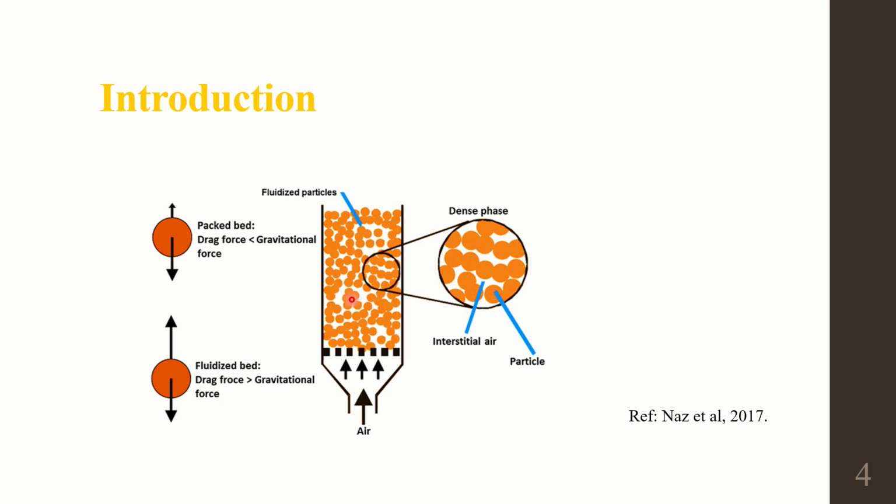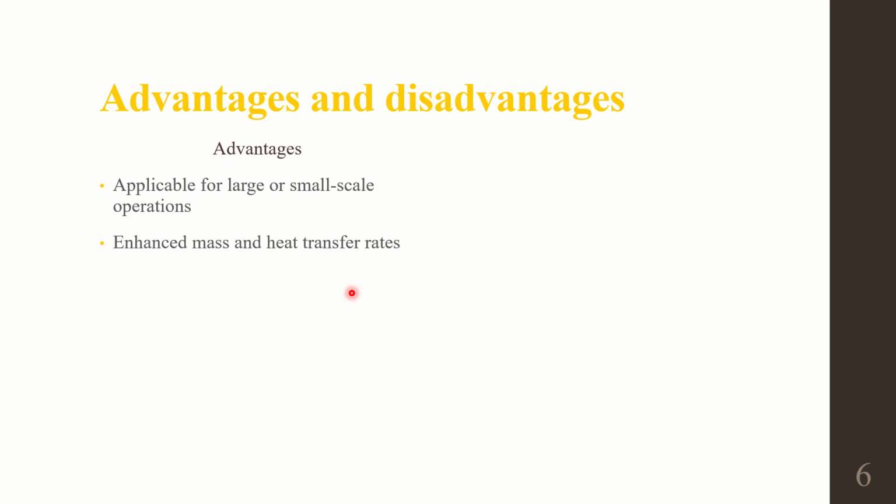The surface area in contact with the fluid is greater in the fluidized bed than in the packed bed. So it enhances the heat transfer and mass transfer rates, and because of that, it is preferable to use fluidized beds.